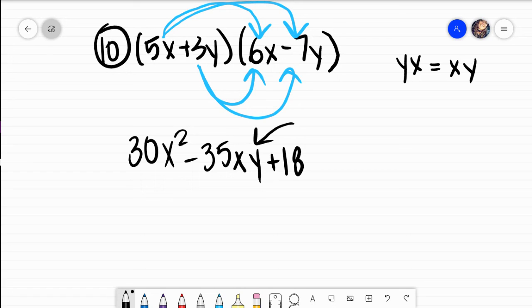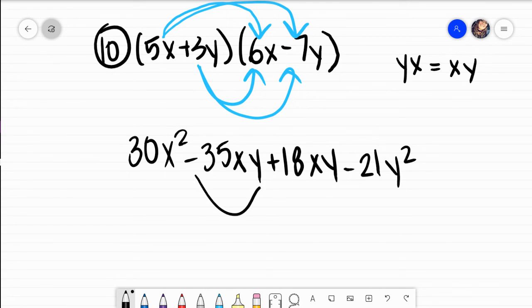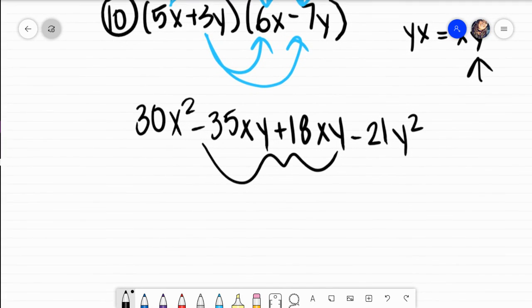I'm going to do so because I want it to match that term, okay? And then let's multiply our last terms together. 3 times 7 is 21. Signs are different, so it's negative. Y times y, keep and add. I can clearly see that those are like terms because I wrote it in this way, right? So scoot up a little bit.